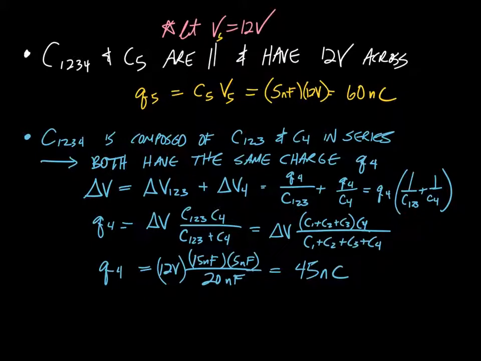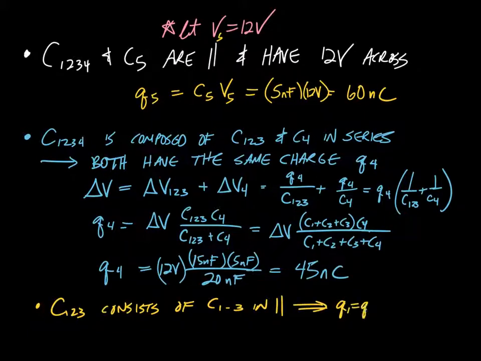So C123 consists of C1 through 3 in parallel, which implies Q1 equals Q2 equals Q3 equals 45 nanocoulombs over 3, which is just 15 nanocoulombs on those.